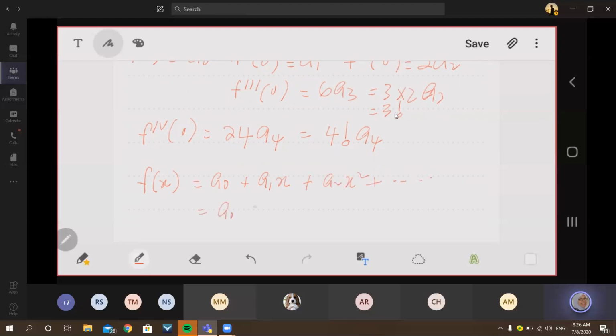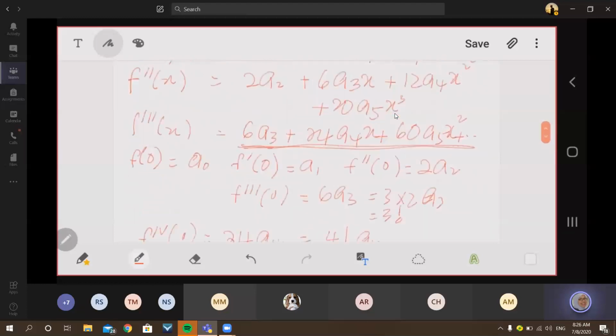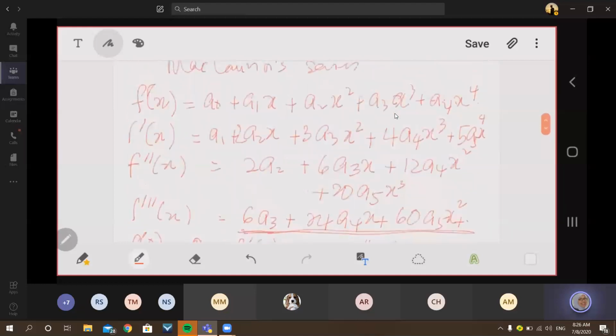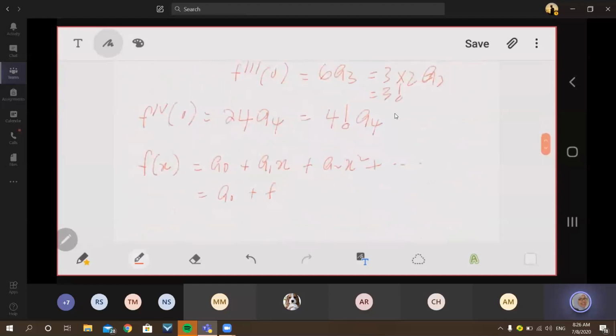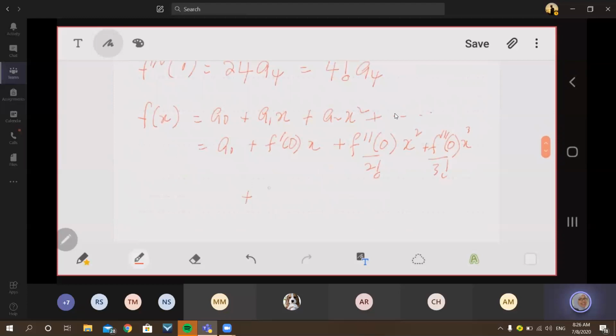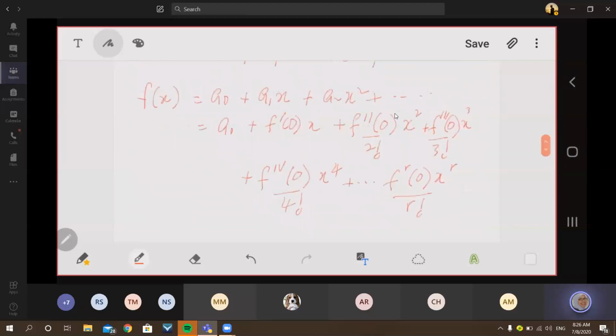This is equal to f of 0 plus f prime of 0 times x, plus f double prime of 0 x squared over 2 factorial, plus f triple prime of 0 x cubed over 3 factorial, plus f 4 times of 0 x to the 4 over 4 factorial, plus and so on, f to the r of 0 x to the r over r factorial. Okay, so this is what we call the Maclaurin series.